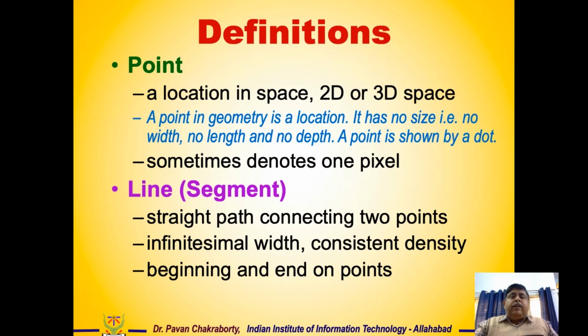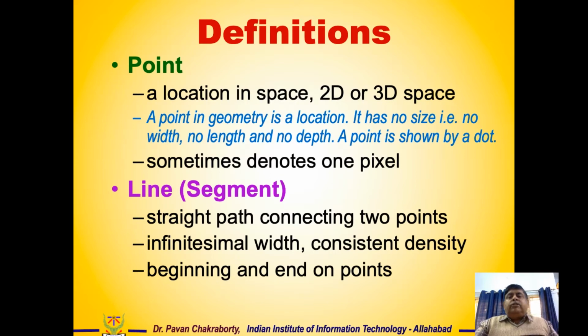So to begin with the definitions, you have a point. It's a location in space, 2D or 3D space. A point in geometry is a location. It has no size, no width, no length, no depth. A point is shown by a dot. Now, here I've said sometimes denoted by 1 pixel.